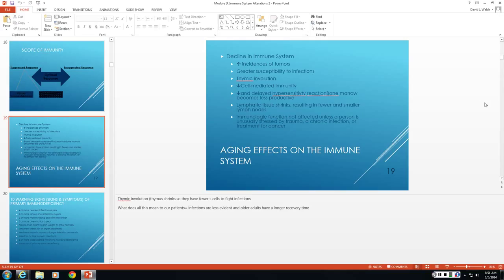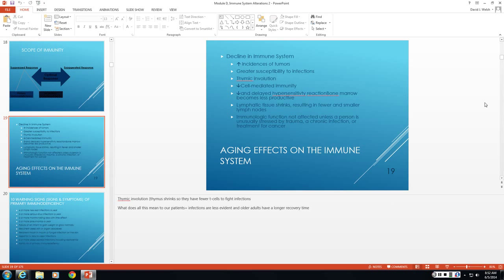Your cell-mediated immunity decreases. Also, there's a delay in the hypersensitivity reaction, and your bone marrow becomes less productive. The lymphatic tissue shrinks, so that results in fewer and smaller lymph nodes.